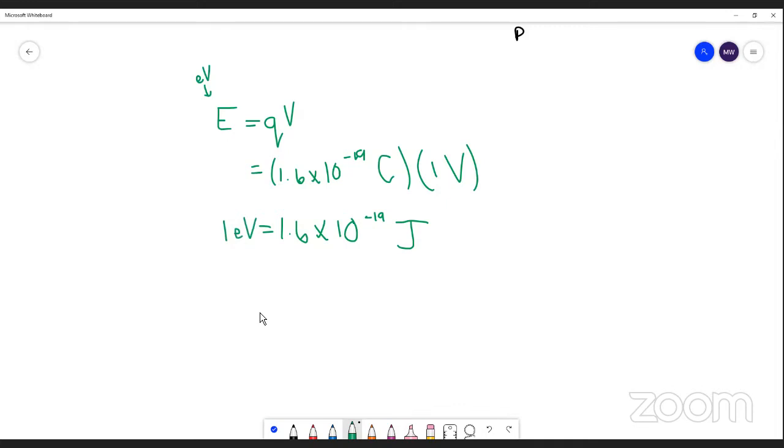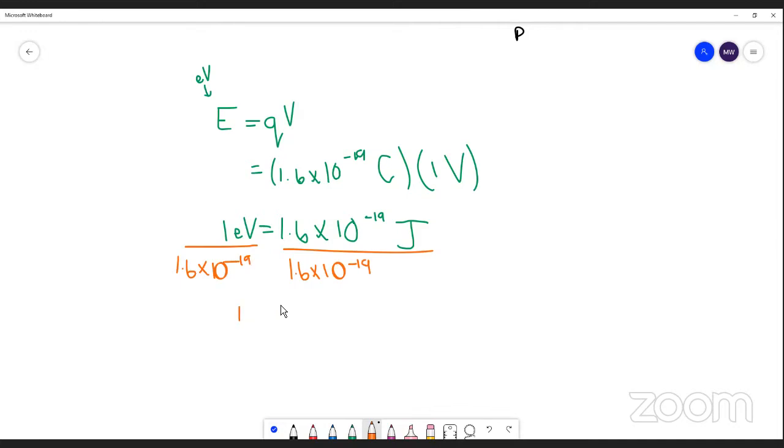So if you then want to know how much 1 joule is equal to in electron volts, then you can divide 1 by 1.6 times 10 to the negative 19.